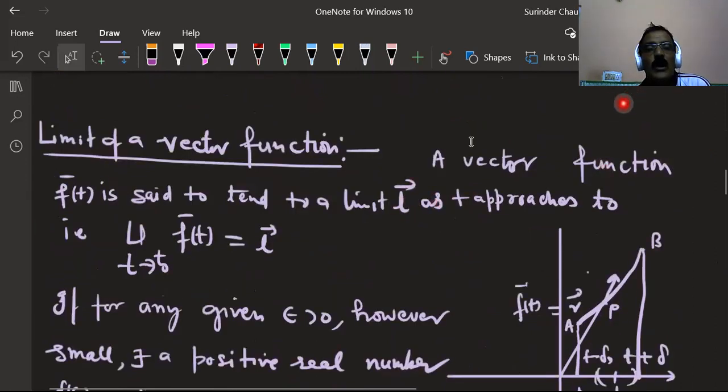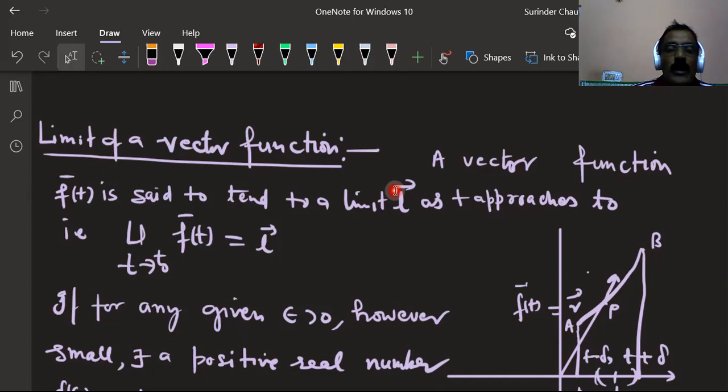Now we'll discuss the limit of a vector point function. The limit of a scalar point function we have studied in differential calculus. Only the arrow will be put on the vector point function; for vector functions and scalar functions and their limits, the other things, domain and neighborhood, all remain the same.